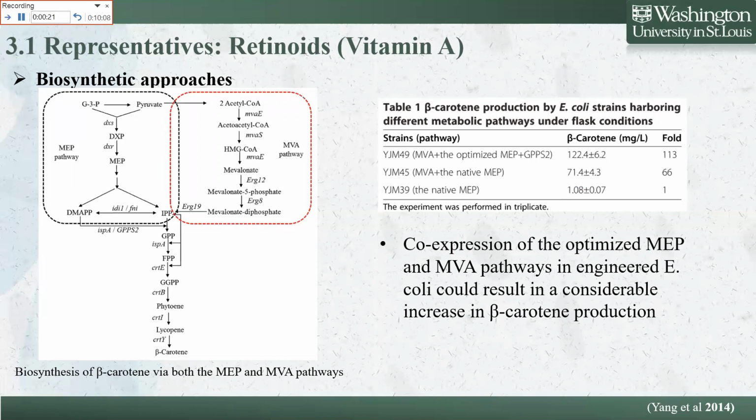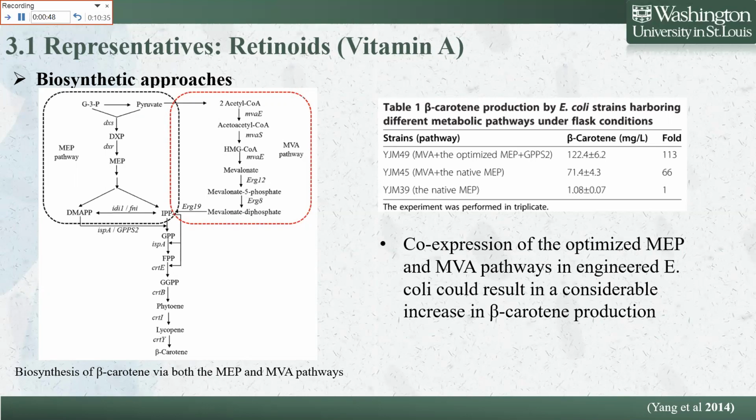Although much progress in beta-carotene production using the MEP pathway has been made, this approach still suffers from limitations due to the regulatory mechanisms present in the native host. To improve beta-carotene production, the optimized MEP and MVA pathways were co-expressed in E. coli.